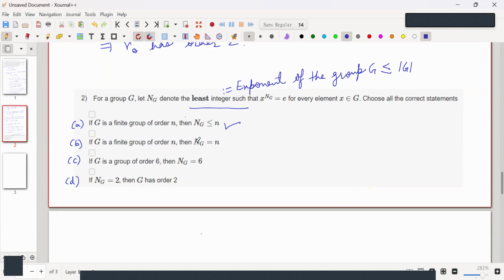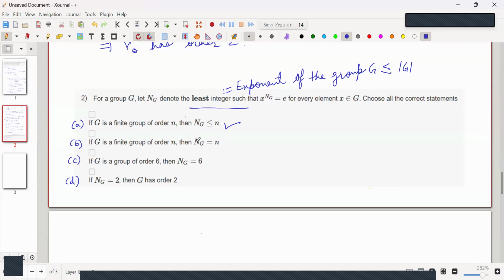Then the order is infinite, and N_G is the least integer such that x raised to N_G is identity. So if that integer exists, it has to be finite, and thus the exponent of the group is less than or equal to the order of G. So in both the cases, it holds if it exists. If it doesn't exist, then we won't say anything. And that will happen only if the group is infinite, because for a finite group, this will always exist and it will always be less than or equal to the order of G. Clear?